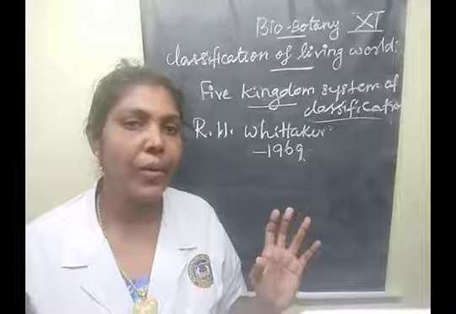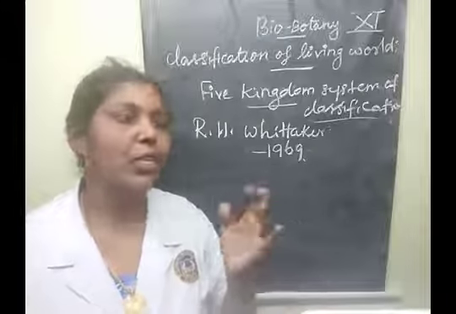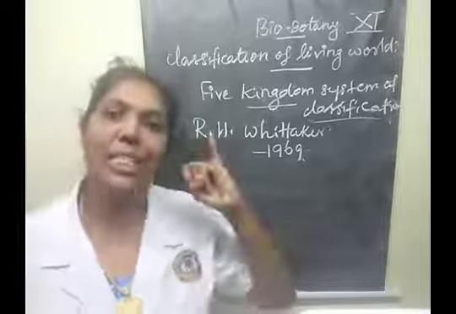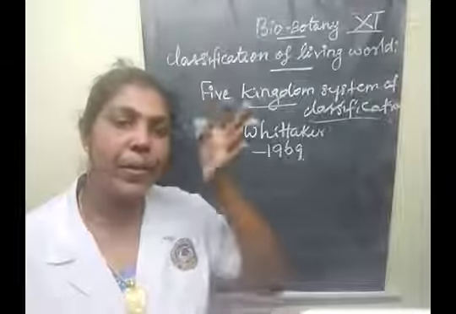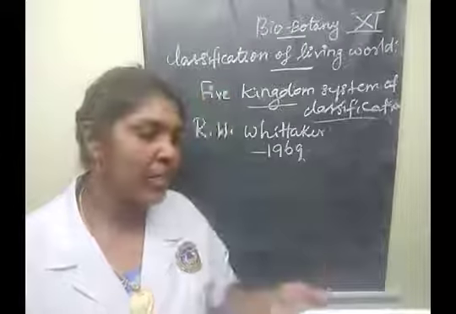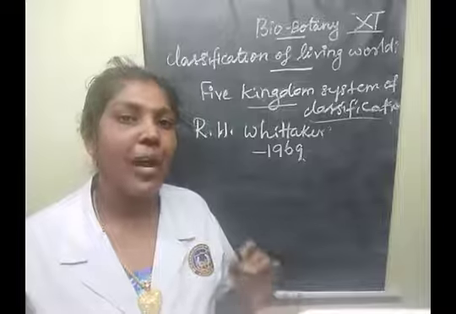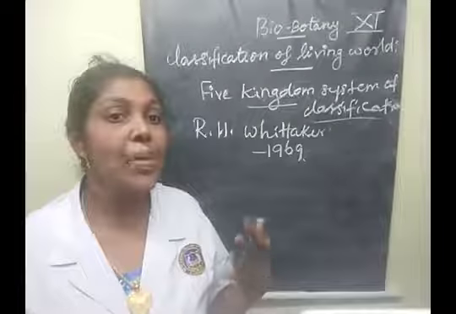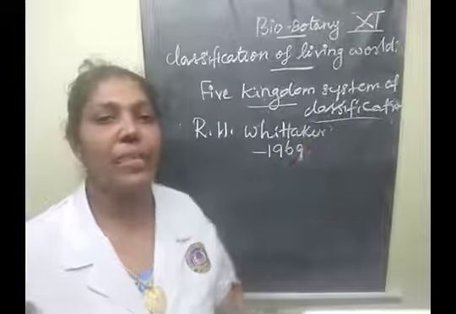Clear, children? What are the points to set that criteria? First one is cell type or cell structure, thallus organization. Very good. The next one, mode of nutrition, reproduction and phylogeny characters. Based on that only they are classified as the 5 kingdom system of classification.